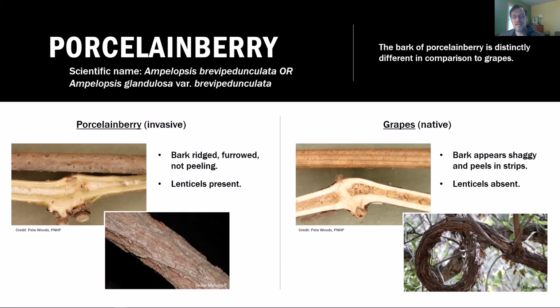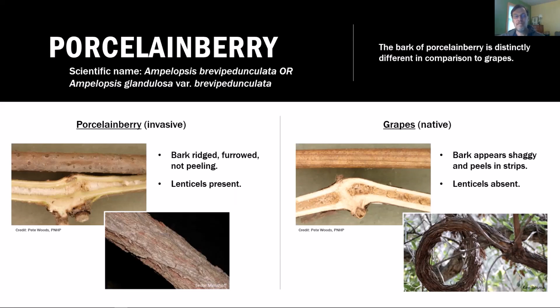And if you're still not sure which one you're looking at, if you have a knife, you can cut into the vine and look at the pith. The pith of a grape is brown, like you see on the right there, whereas the pith of a porcelainberry is always white.